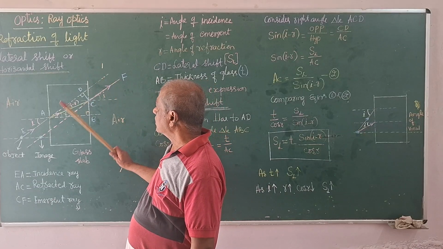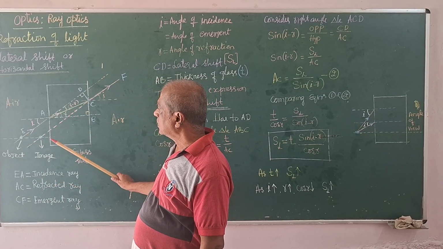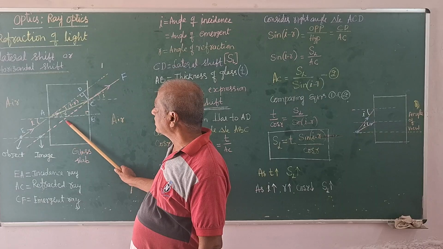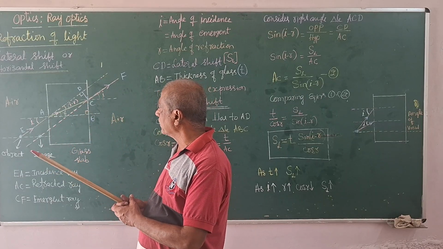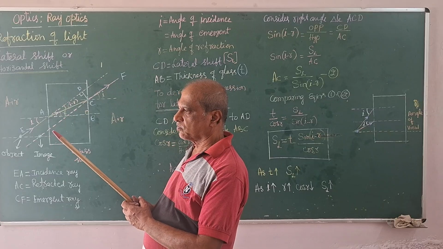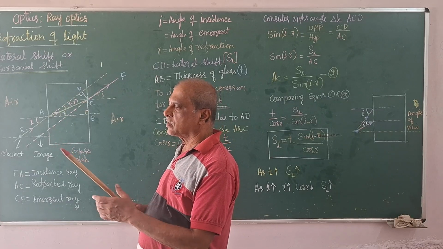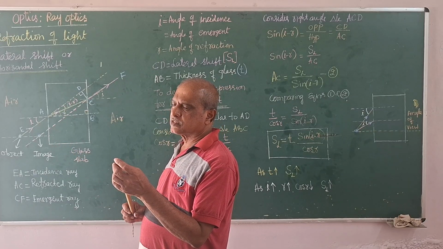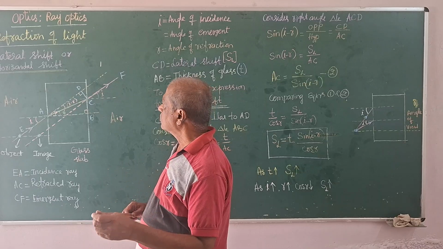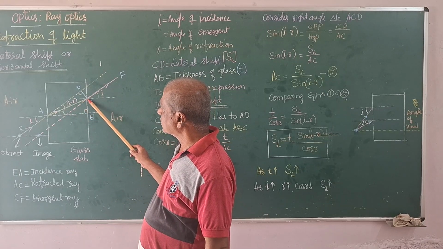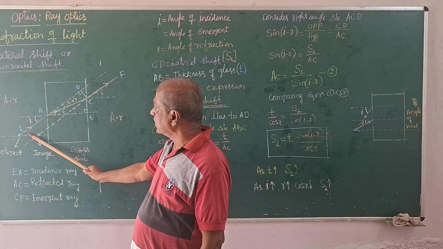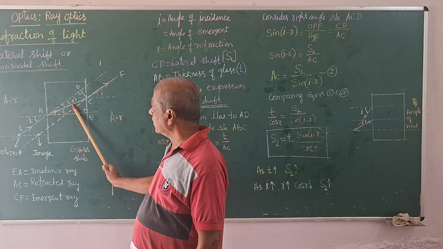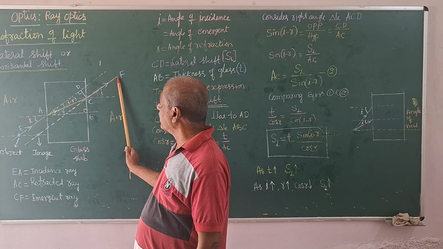For the derivation, let us look at the geometry in detail, along with the drawings of this geometry. In addition to that, let us make some geometrical drawings. This is the incident ray, refracted ray, and emergent ray.